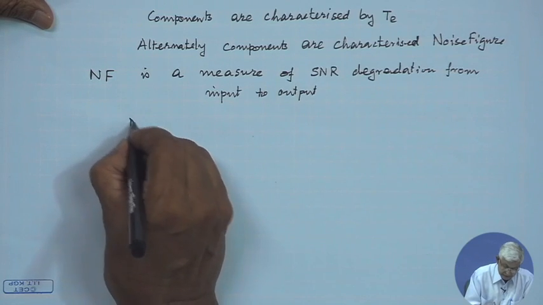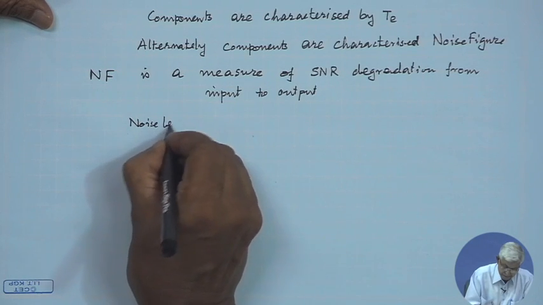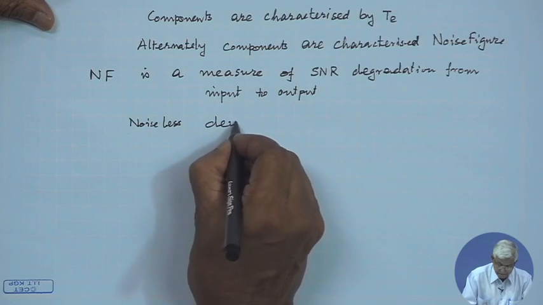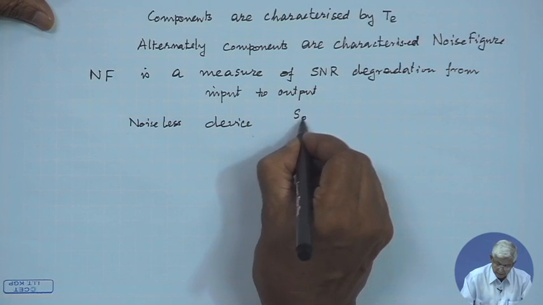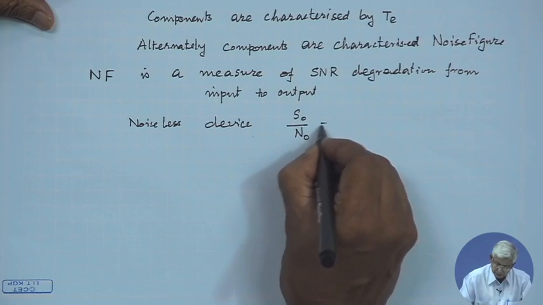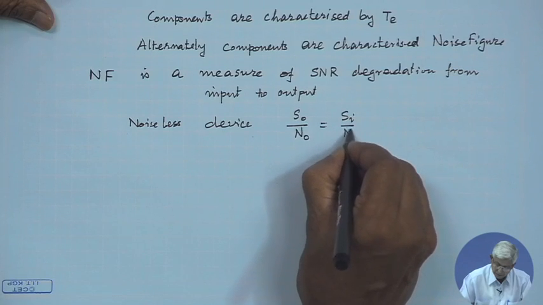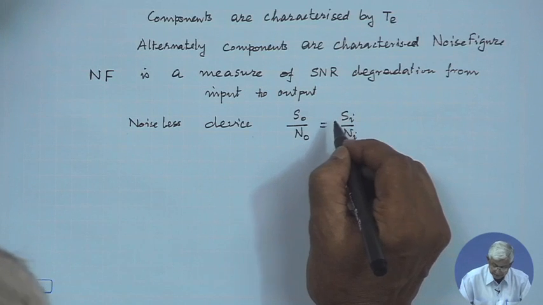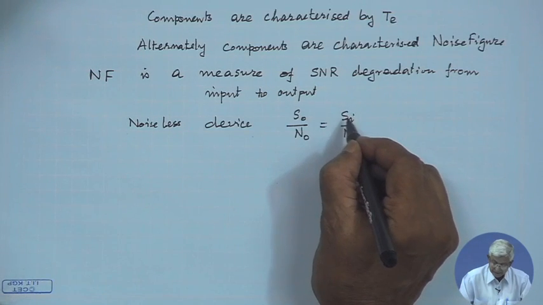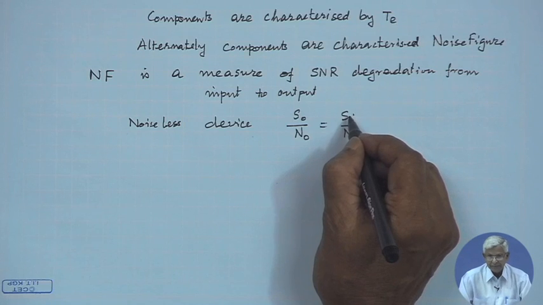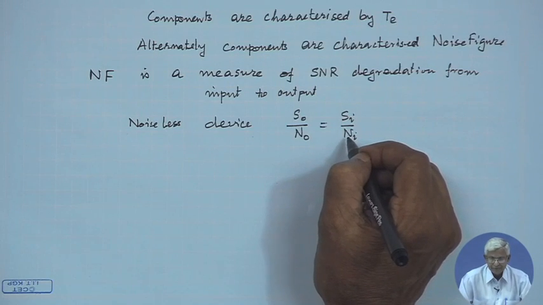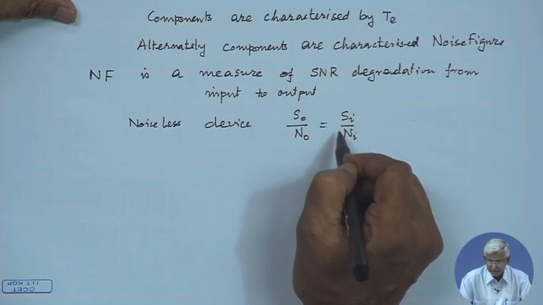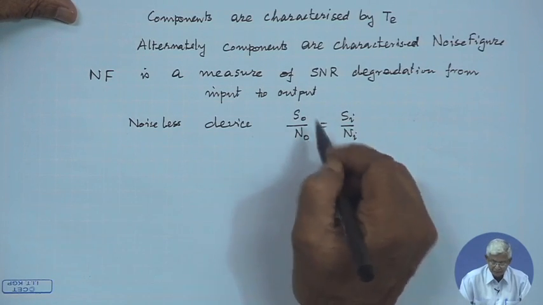So, if it is a noiseless device or component, the SNR of output is same as SNR of input. That means, if the device is having some gain, the signal is elevated by the same gain and noise is also elevated by the same gain, and it is a noiseless device, it does not introduce anything. So, signal to noise ratio at the input is same as signal to noise ratio at the output.